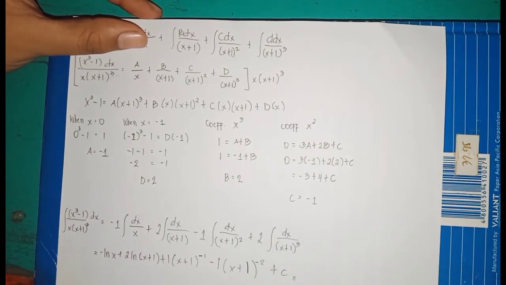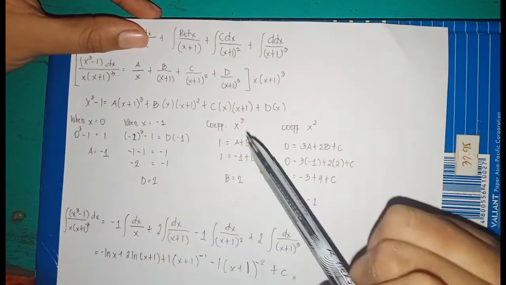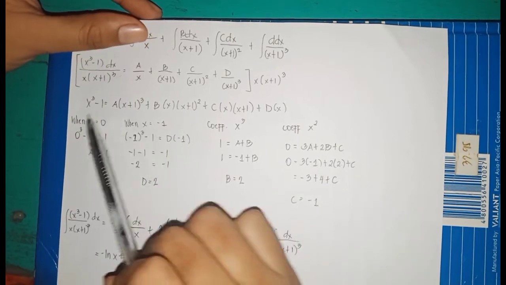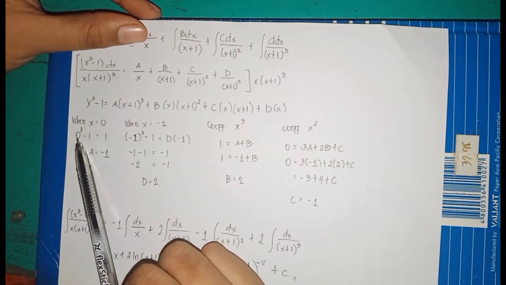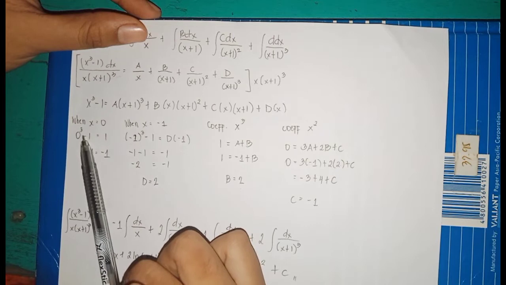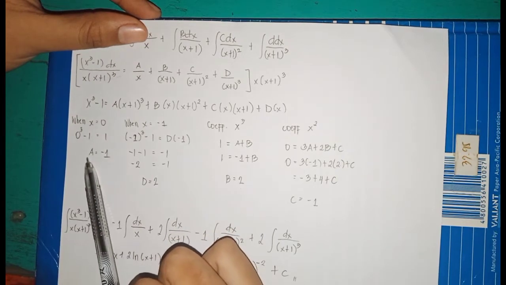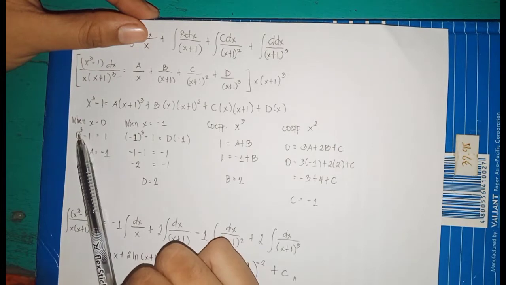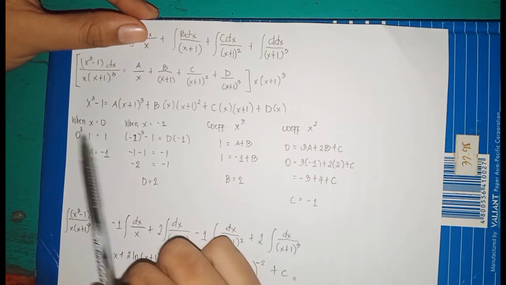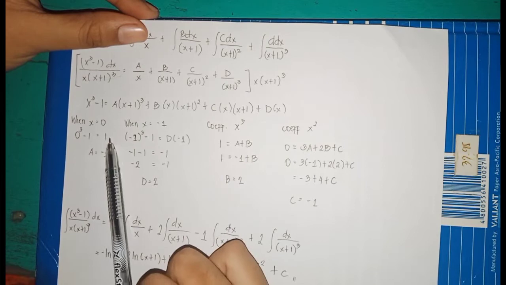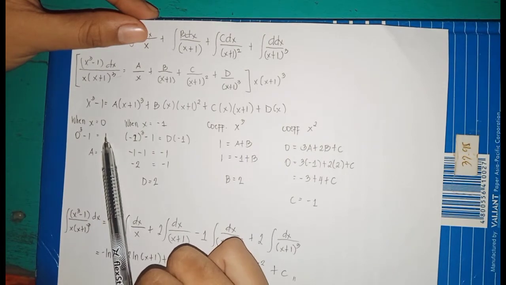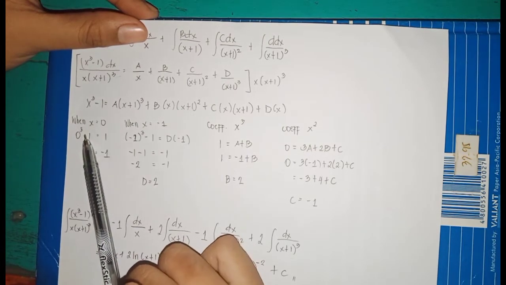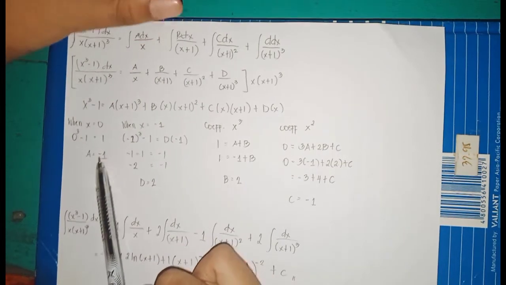Okay, so let's get the value of A. When x is equal to 0, x cubed minus 1 is equal to negative 1. So our A will be negative 1, because even if we subtract, the rest will be 0. So we transpose this, so it will be negative 1.